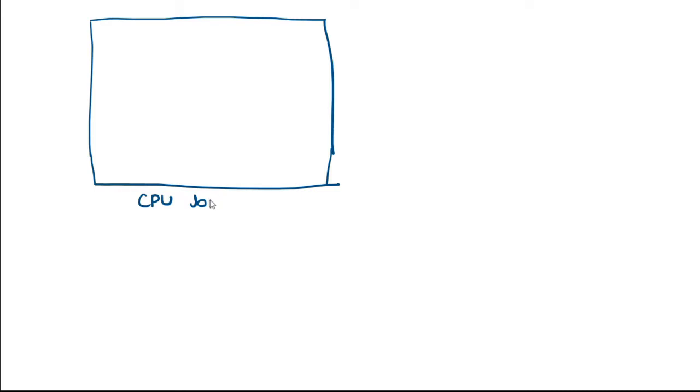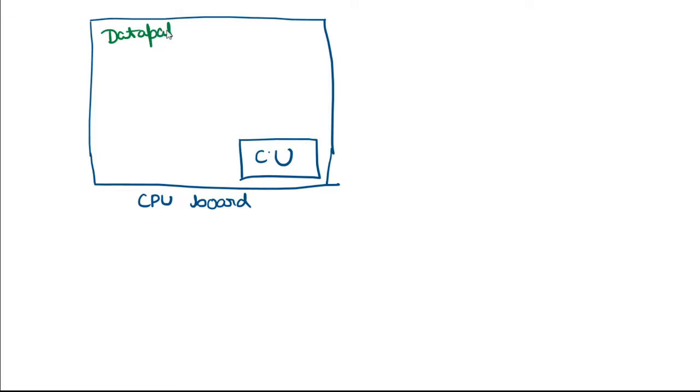This CPU board contains a control unit, and anything that is not inside the control unit and is on the CPU board, we consider it to be data path.